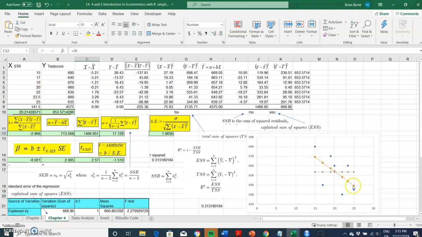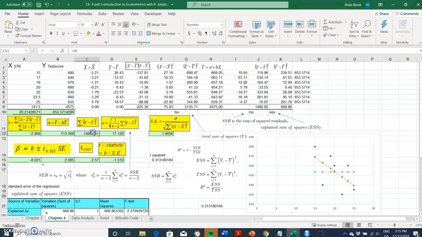So the best fit is along the straight line here. Actual y is the blue point. The difference between the two is the residual. For each of the blue points, we square and then we sum all of those figures. We get the residual sum of the squares.